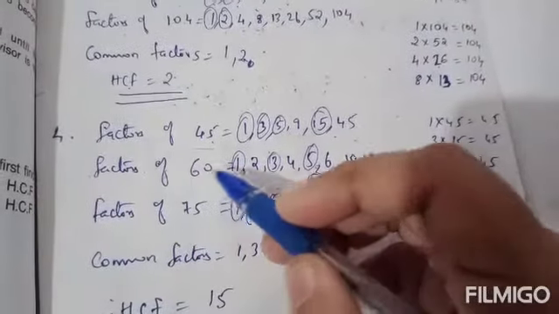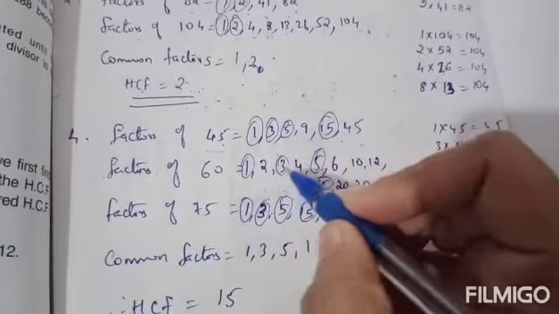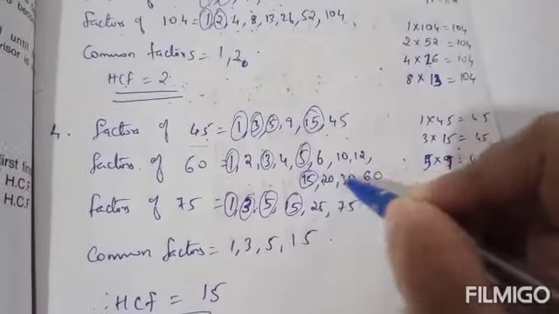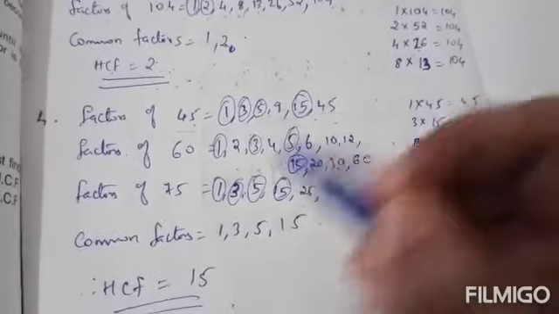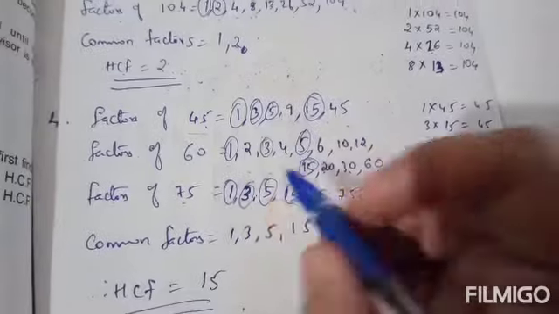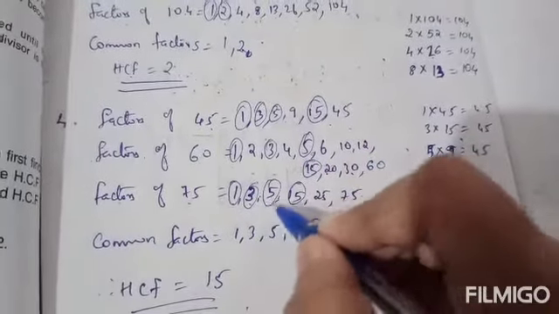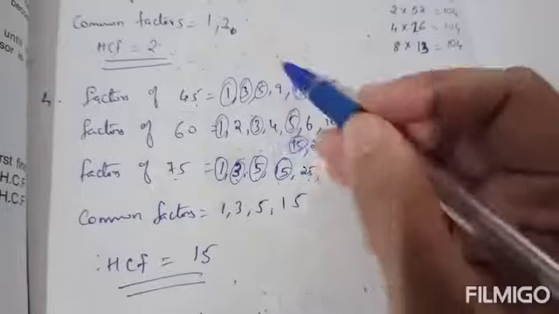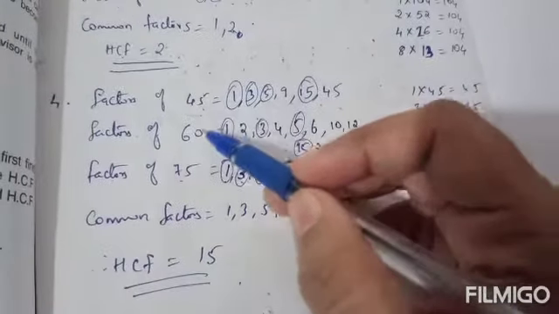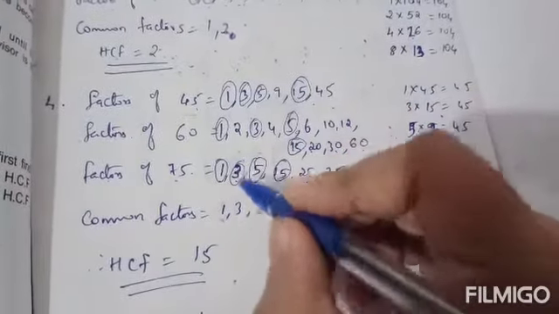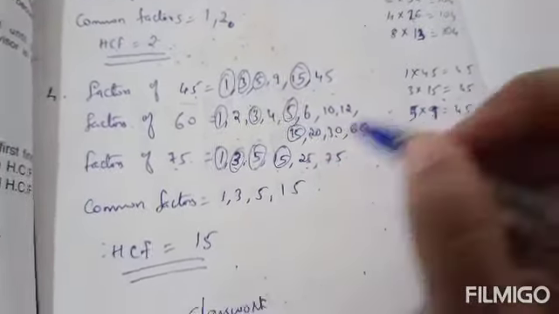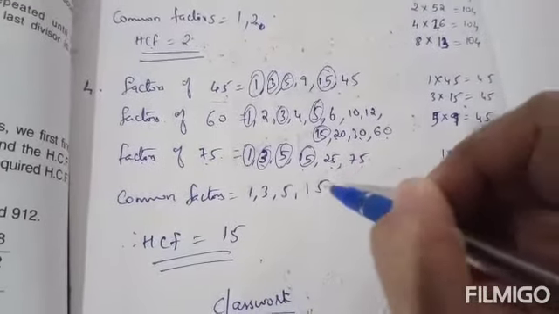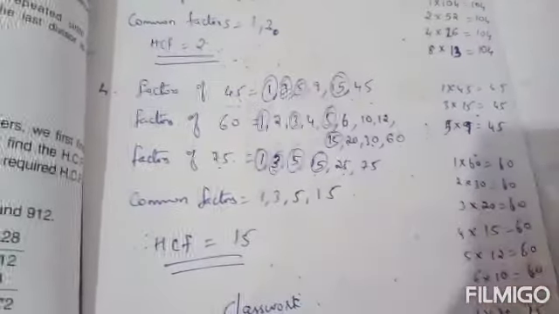Factors of 60, it is 1, 2, 3, 4, 5, 6, 10, 12, 15, 20, 30, 60. Factors of 75 equal to 1, 3, 5, 15, 25, 75. So, common factors of 45, 60 and 75 are 1, 3, 5 and 15. Therefore, HCF will be the greatest common factor, that is 15 here. Okay, so HCF equal to 15.